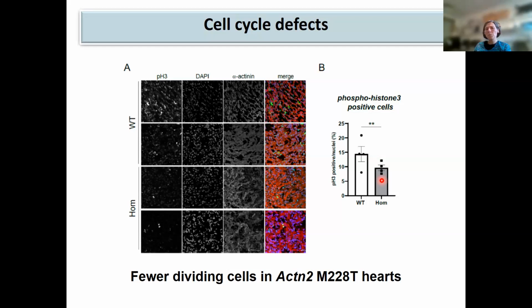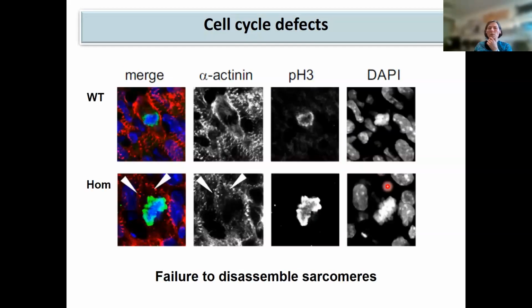If you zoom in more closely into these dividing hearts, you can see that the wild types really disassemble the contractile apparatus, whereas the mutant hearts seem to have residual alpha-actinin left in cells trying to divide. I think this might stop them progressing through the whole cell division because they fail to disassemble these sarcomeres completely.